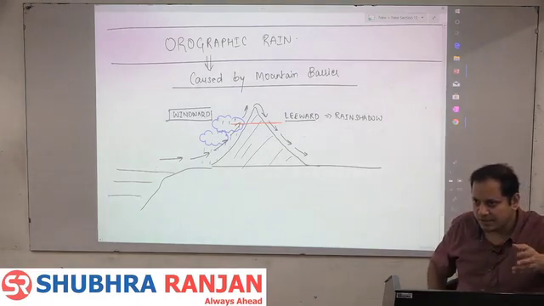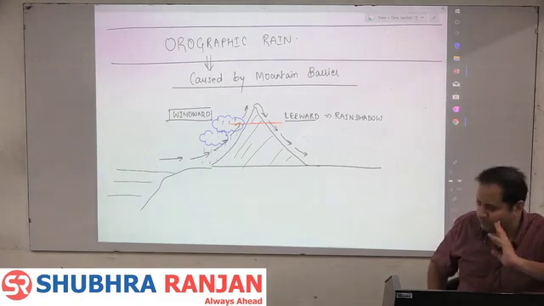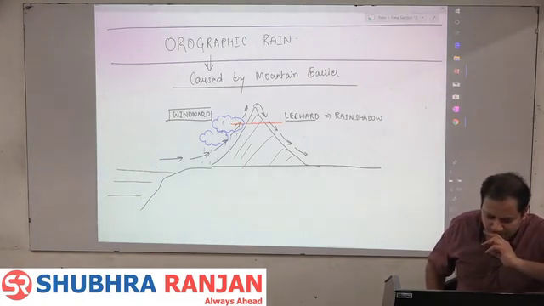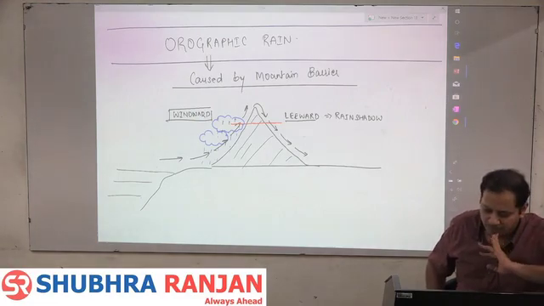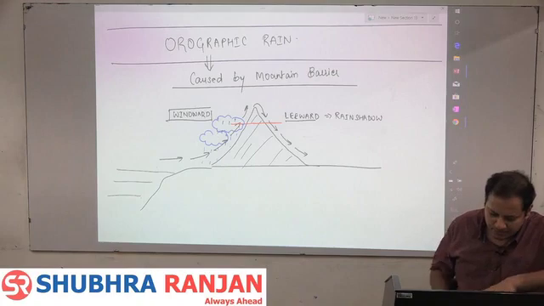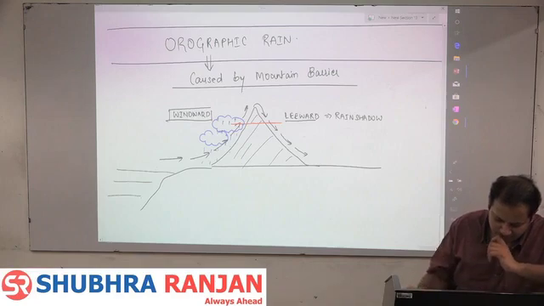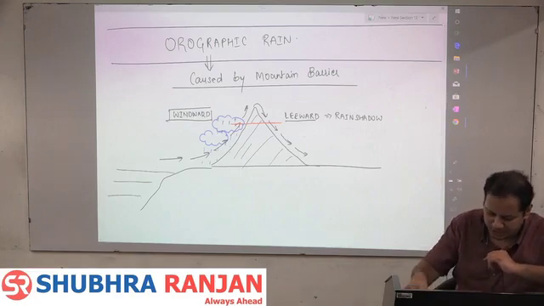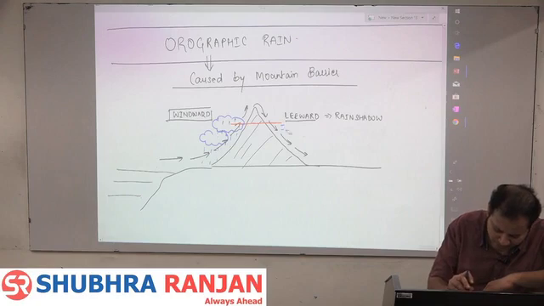Why does rainfall decrease? Because there is no new source of moisture. And this feature is known as inversion of rain.